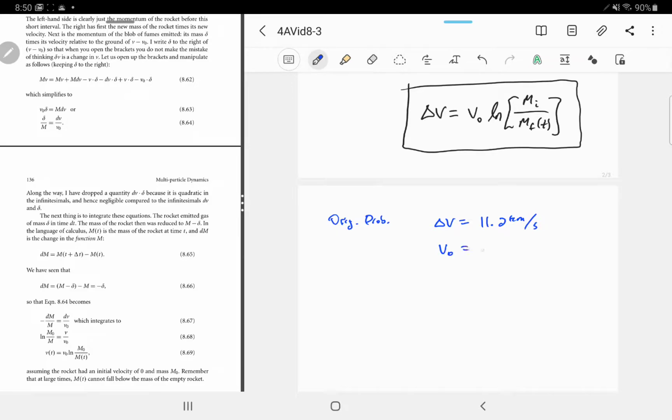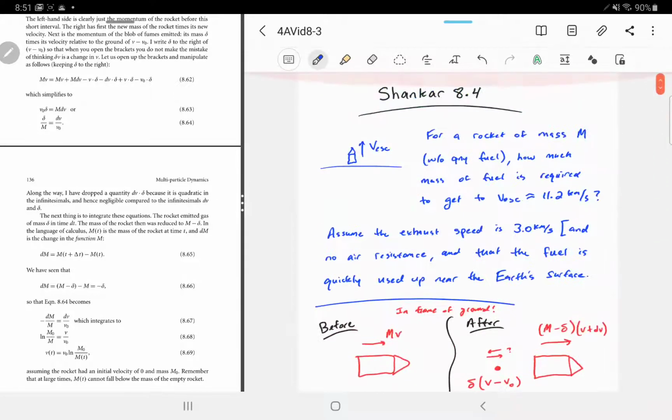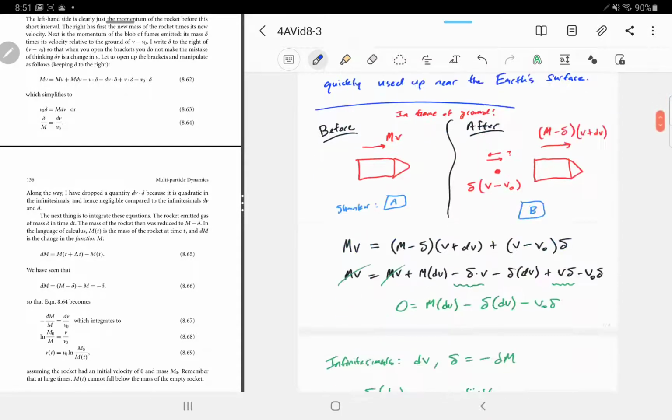The exhaust speed is 3.0 kilometers per second. And what's the mass here? The rocket has mass m without any fuel. So that's going to be the final mass, right? The initial mass is going to include all the fuel.